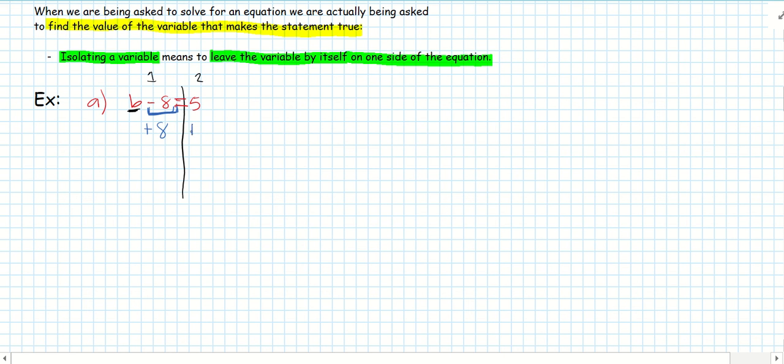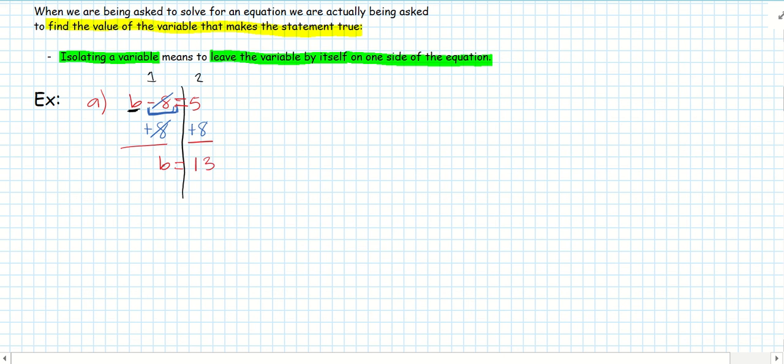And that's what I mean by moving negative 8 from room 1 to room 2. We move it by doing the opposite. So now from here, negative 8 will cancel out. And now we have b equals 5 plus 8. Now 5 plus 8 is going to give me 13.